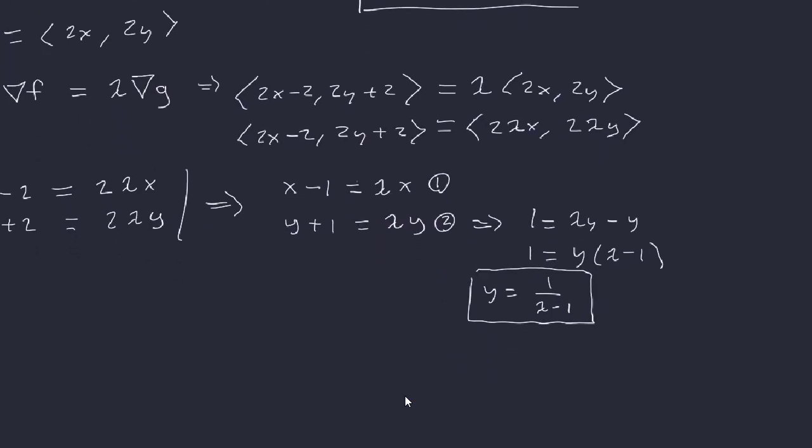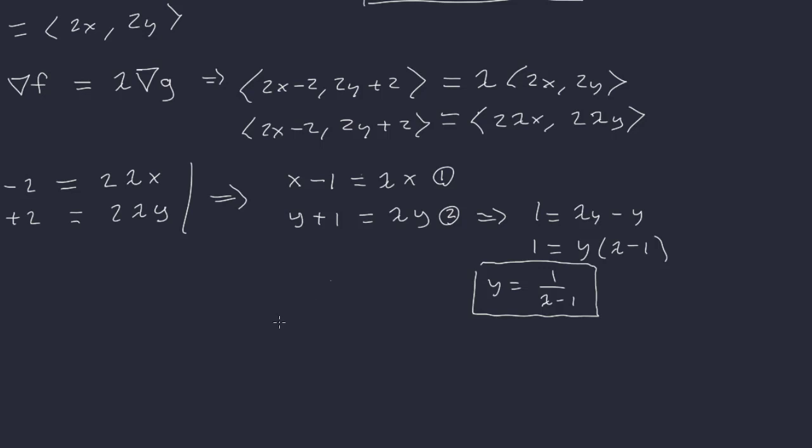Now, let's solve equation 1. If we do it essentially the same way, we'll get negative 1 is equal to lambda x minus x, so that will be x times lambda minus 1.